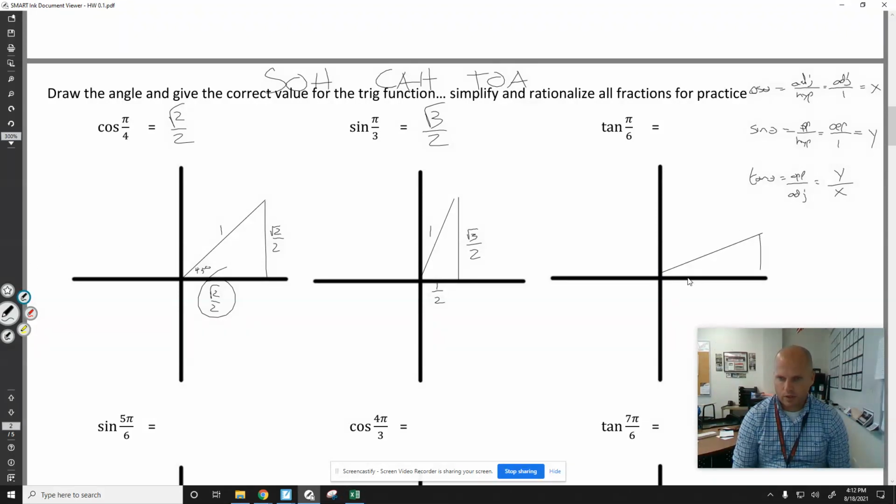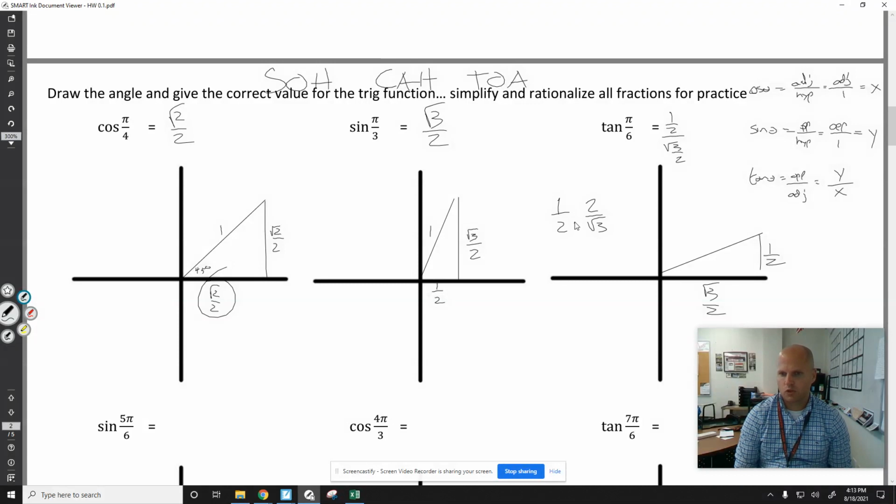Okay, pi over 6, 30 degrees. Here's my 30, 60, 90 short triangle, where now this root 3 over 2 side is the horizontal side, the 1/2 is the vertical side. Opposite would be 1/2 over root 3 over 2. We know that when you're dividing fractions, it's the same as multiplying by the reciprocal of the denominator.